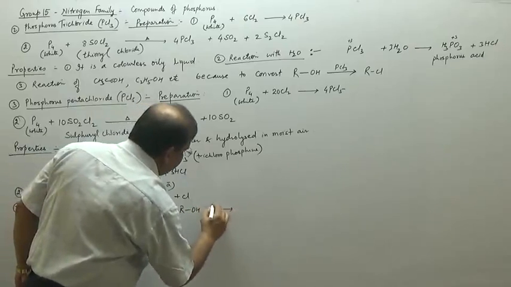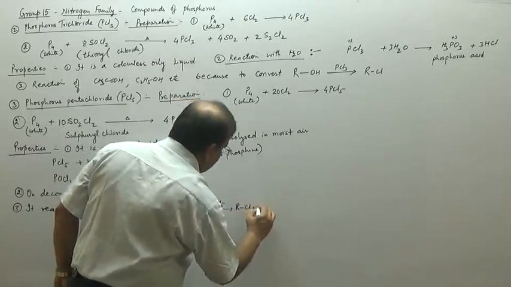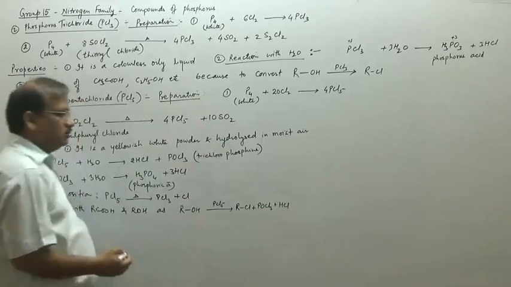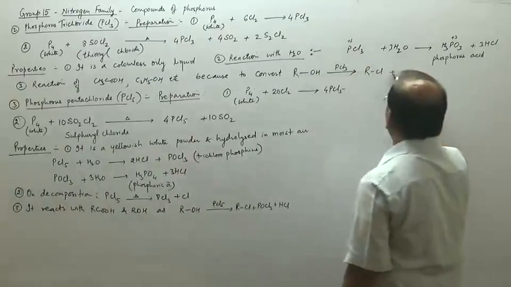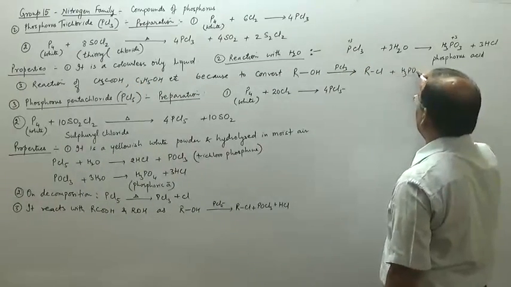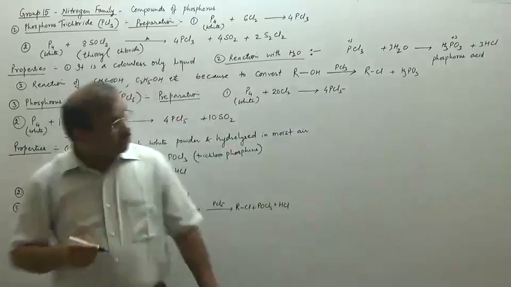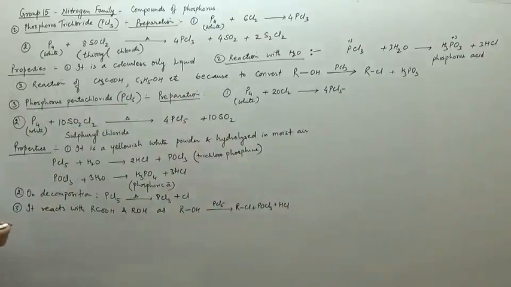When ROH is treated with PCl5, it gets converted into RCl plus POCl3 plus HCl as the products of the reaction. Here H3PO3 is the side product formed in the reaction. That is how we can write the reaction.